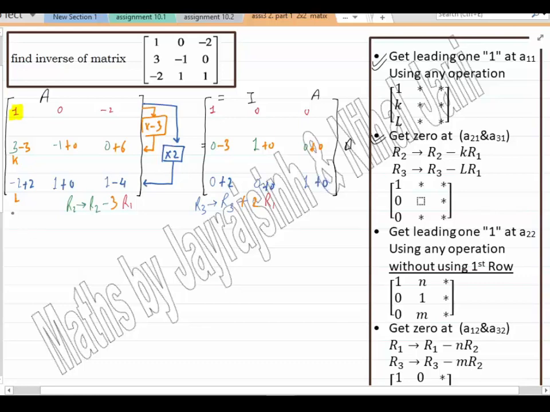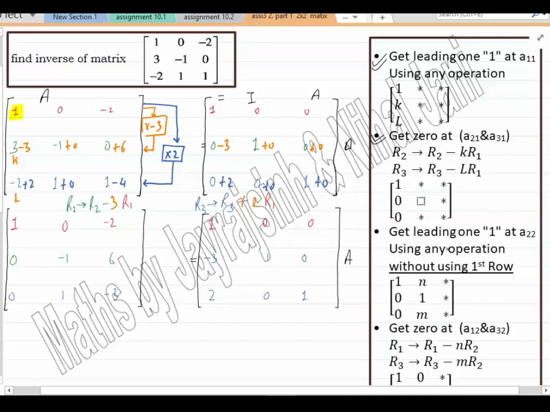So our first row will be as it is, and the second row will be 0 minus 1 6, minus 3 1 0, and the third row will be 0, 1, minus 3, 2, 0, 1, right? So here we complete the second step.